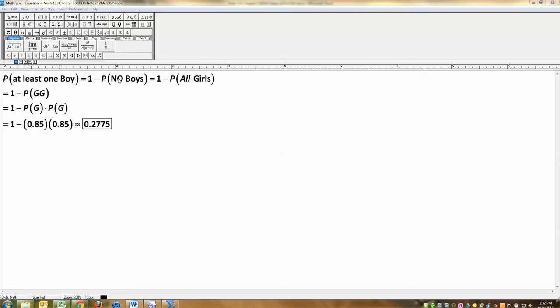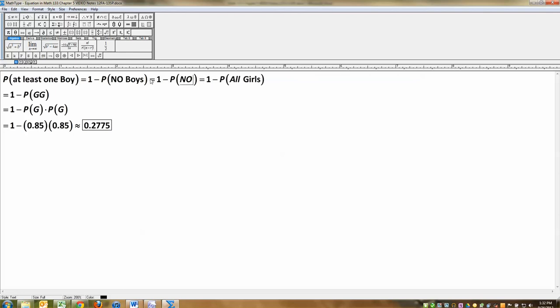See if that makes sense to you. This is the probability of no boys. Let me write this up. This is 1 minus the probability of no boy, no boy-girl, and no girl-boy. All of those are off limits. I don't want boy, I don't want boy-girl, I don't want girl-boy.